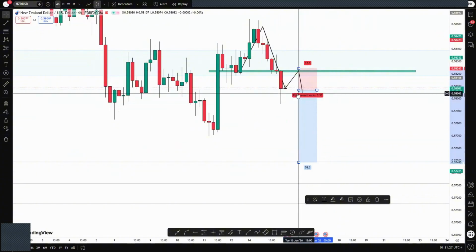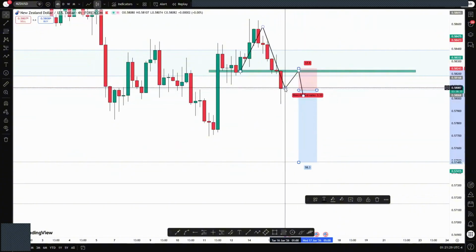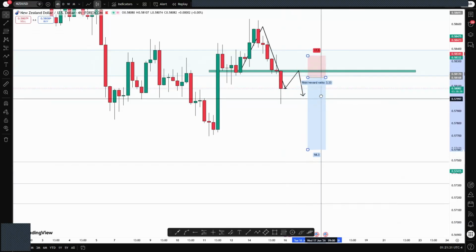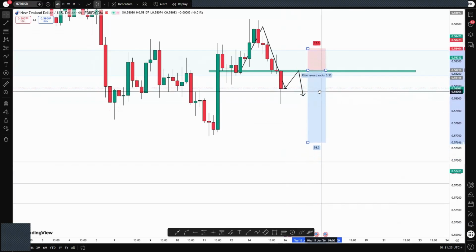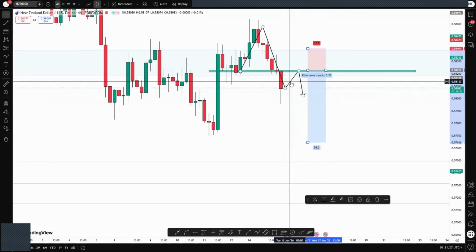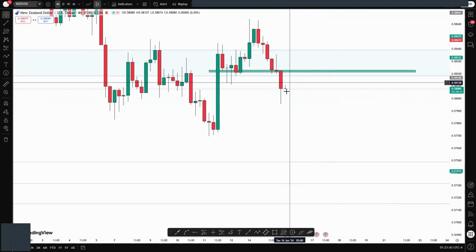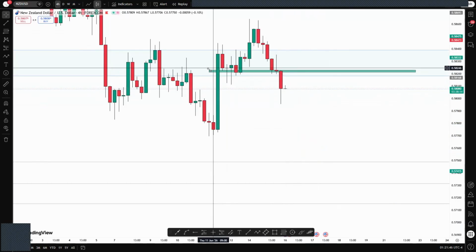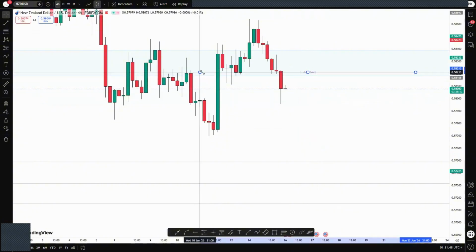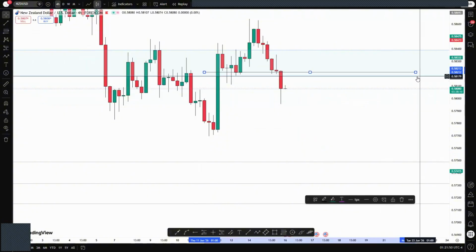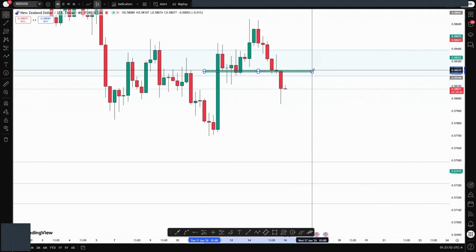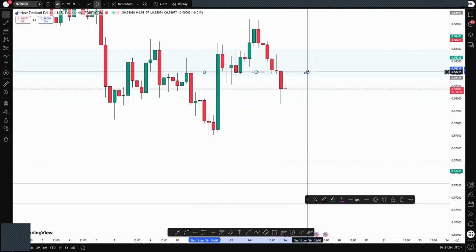But all we need in all is we just want price to give us a better entry. Okay. So we can be okay with the movement after we've placed our entry.